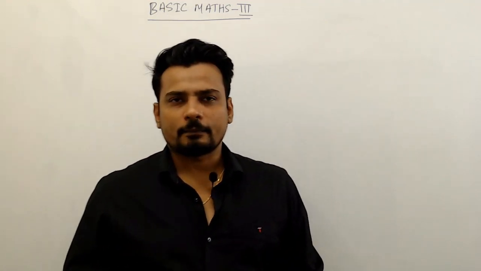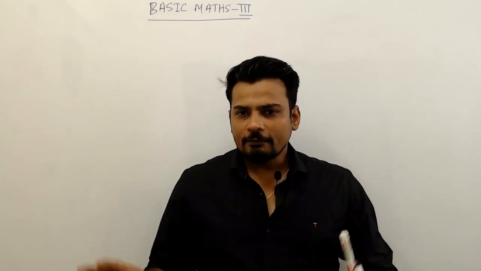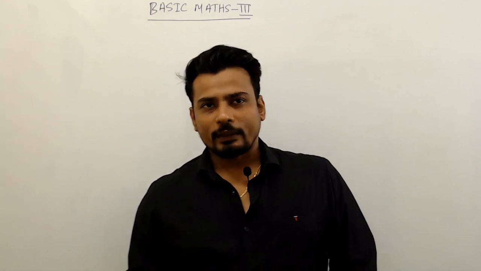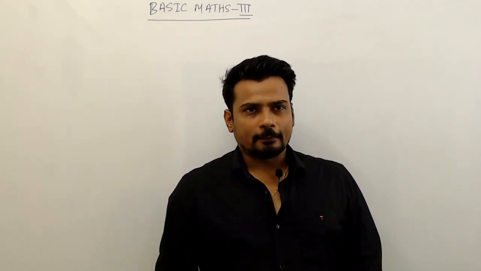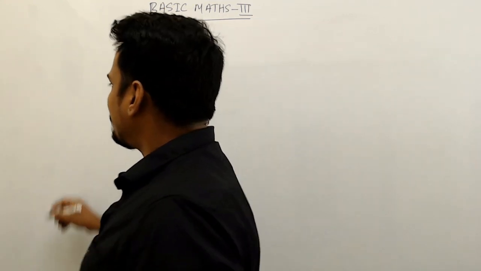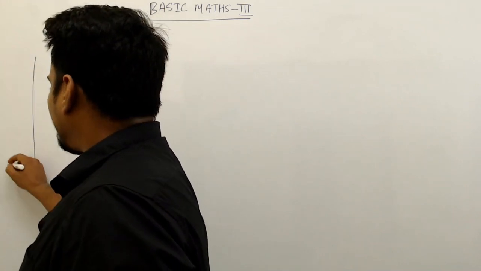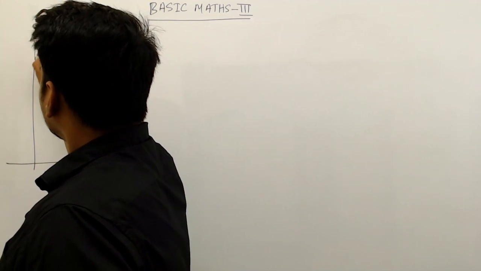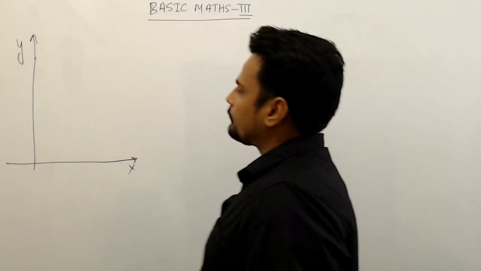What is a coordinate? Well, in very simple language, a coordinate is defined as the address of a point, whether it is 2D or 3D. All good? Now, let's say I have this x-axis and y-axis. I'm just talking about two dimensions.